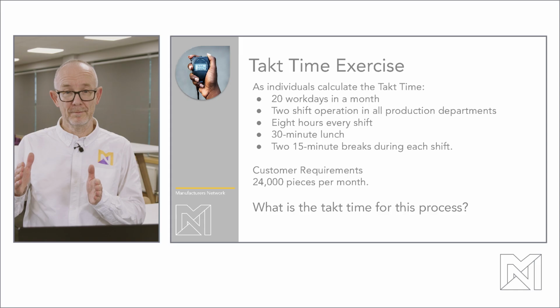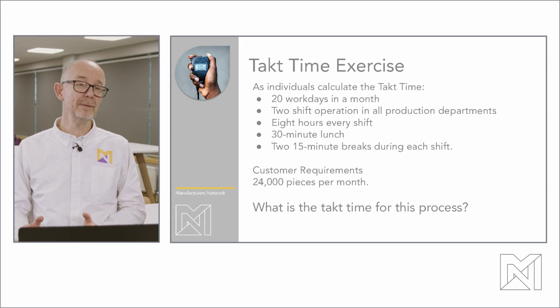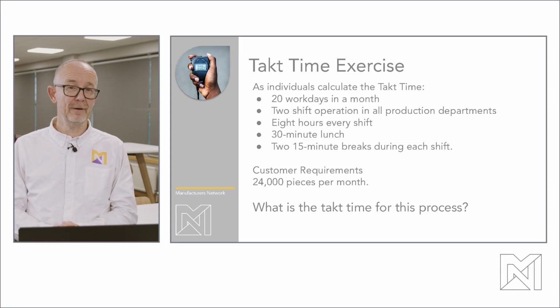If there are designated breaks where we're not running production, we take that time off. And in other situations, if there were team meetings or planned preventive maintenance, we'd net that time off too. So we're just considering the truly available time that production has to hit its numbers.